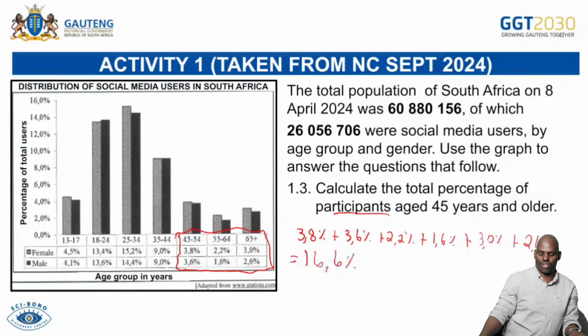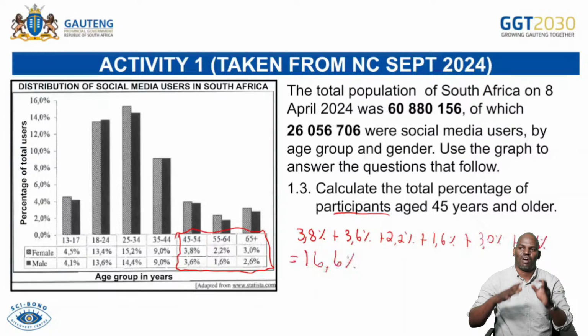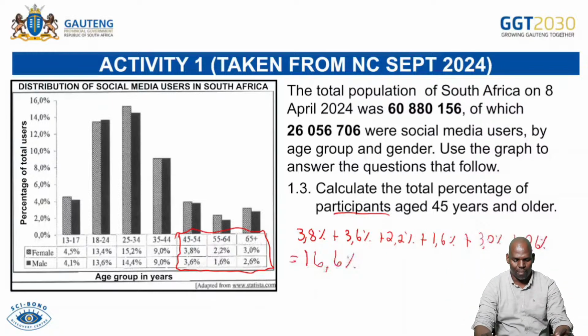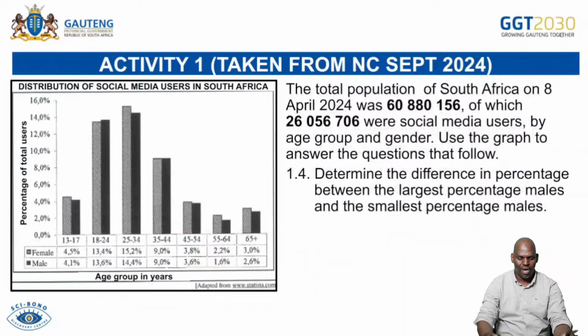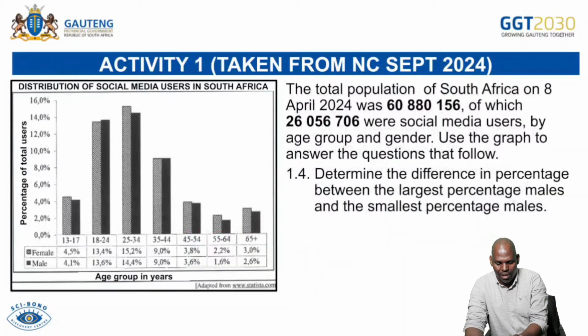So 16.6, that is for 45 years and older. You just have to add the percentages from 45 years and upwards. That was number 1.3.